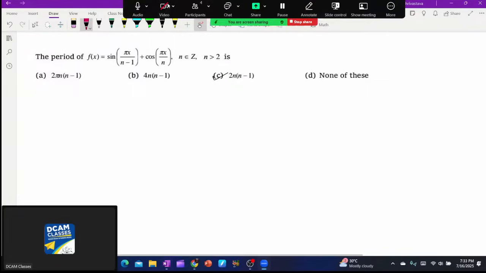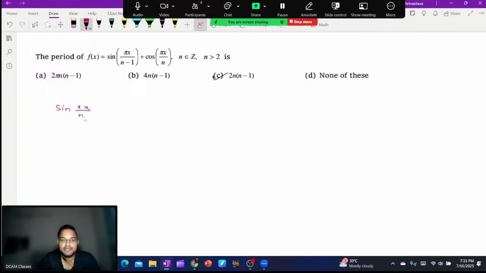See what they have given, the period they have asked. So the period of sin pi x by n minus 1, the period will be what? 2 pi by n minus 1. So it will be 2 into n minus 1. This will be the period.